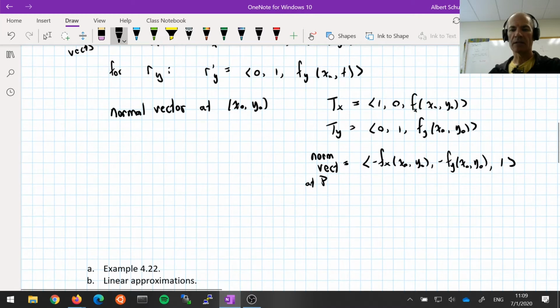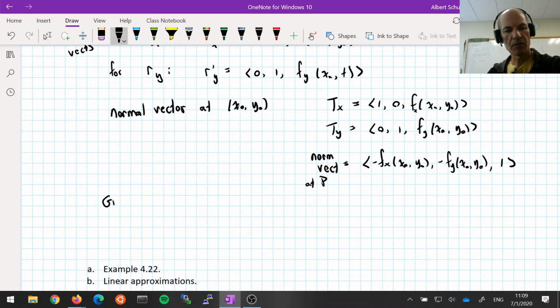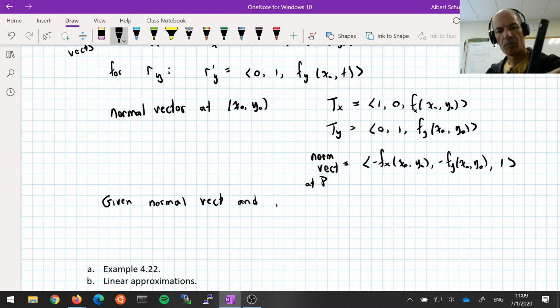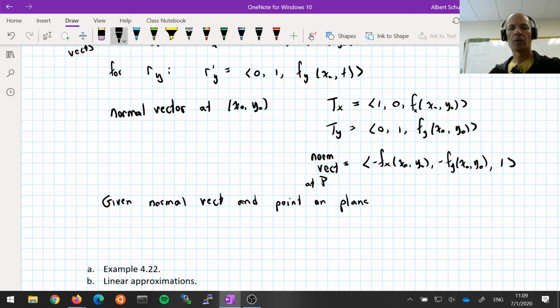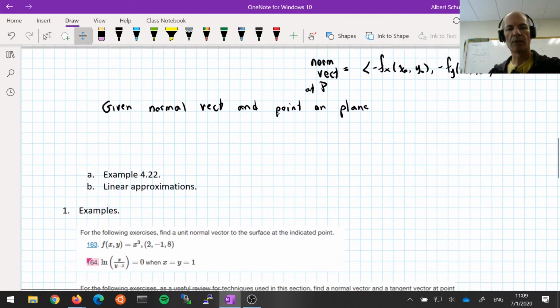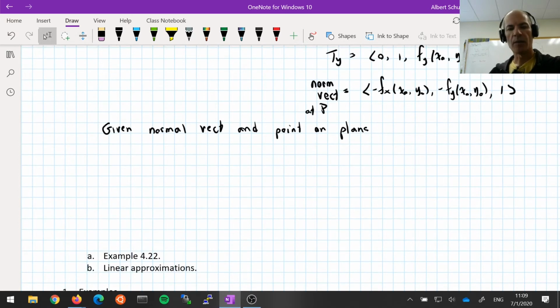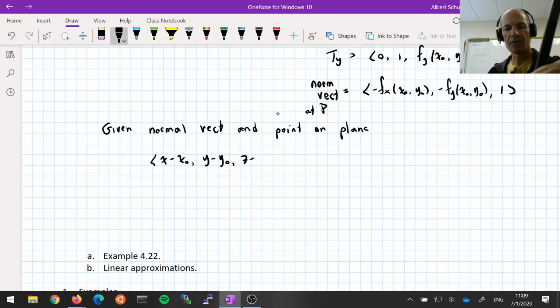Well, now we know a normal vector, and we know a point on the surface. Given a normal vector and a point on the plane, we can very quickly write the equation of the plane. You can go back and look at this in the earlier section about planes. It's simply the dot product of x minus x naught, y minus y naught, z minus, we don't have a z naught, but we do have f of x naught, y naught.